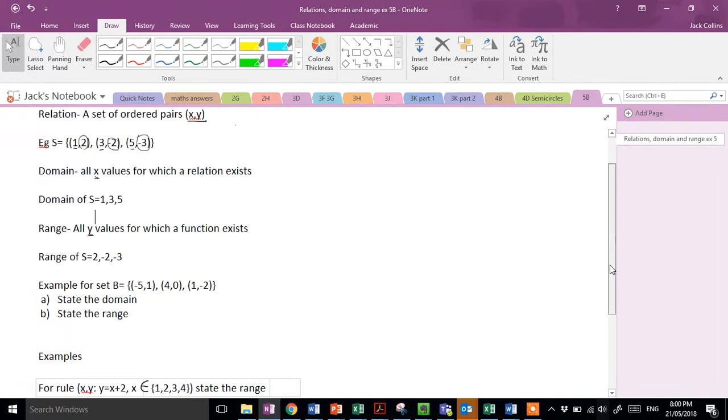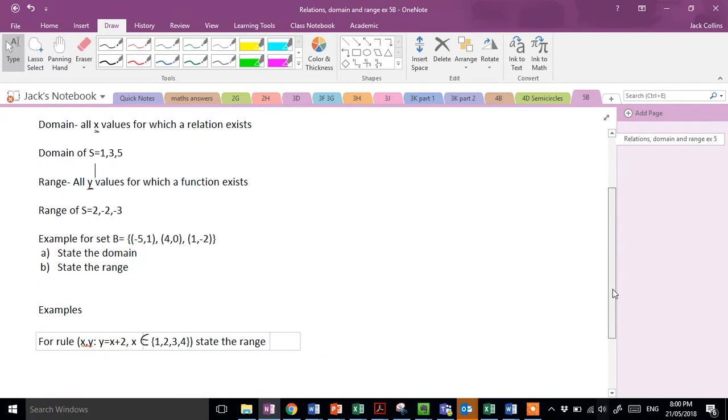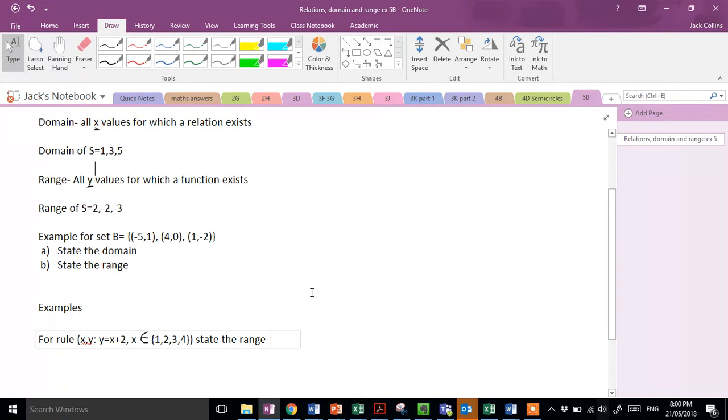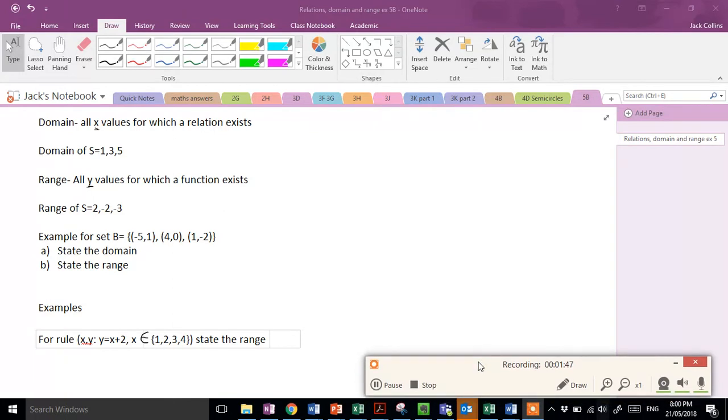All right, so let's take another look at an example here. For set B, you've got 3 ordered pairs here, and you're asked to state the domain and state the range. So I'd like you to pause the video now and have a go at that.